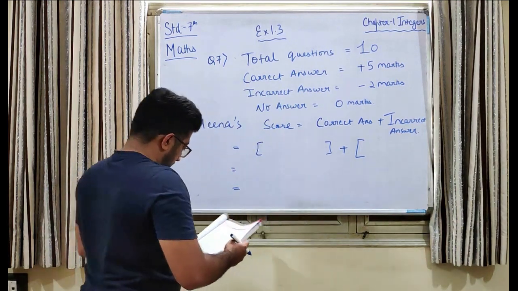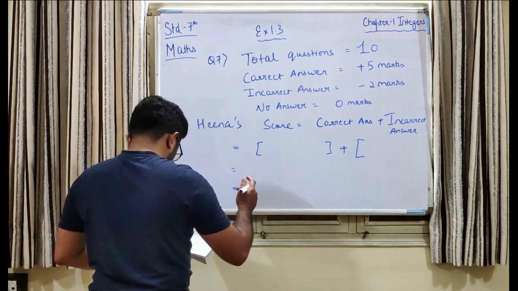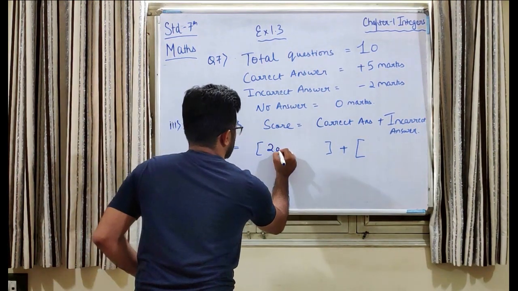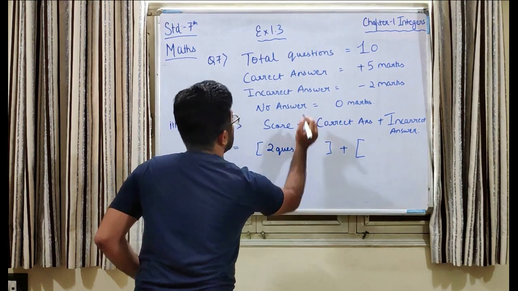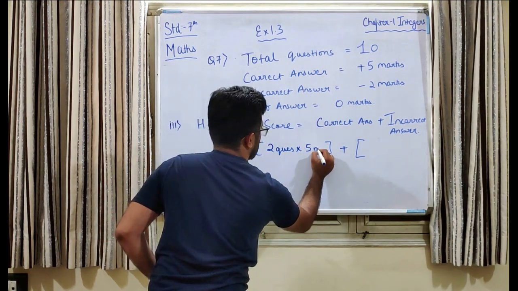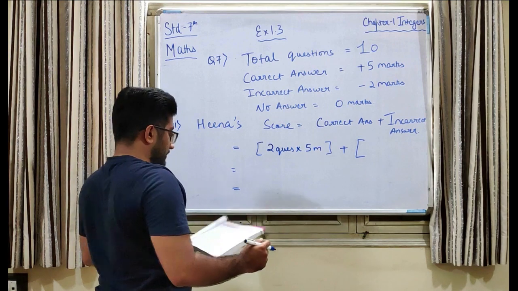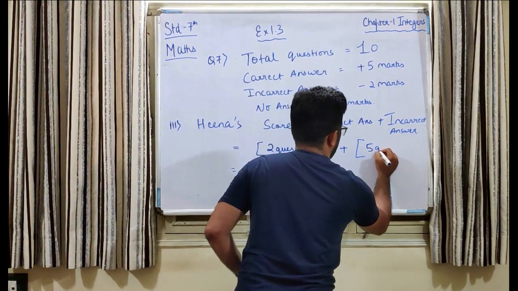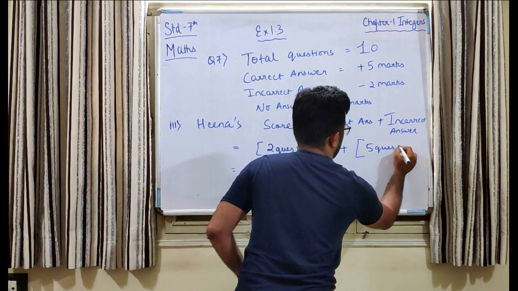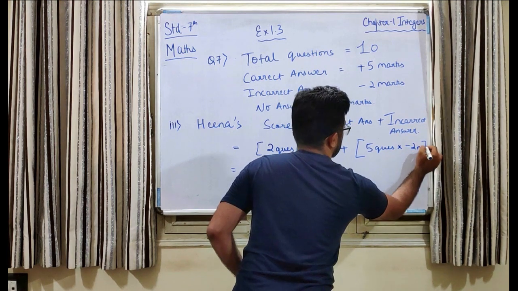So Hina gets 2 correct answers, that is 2 questions into 5 marks, and 5 incorrect, so 5 questions into negative 2 marks.